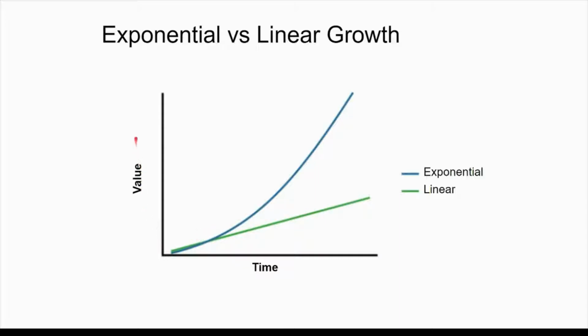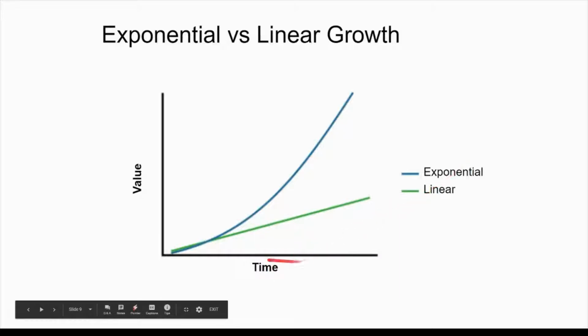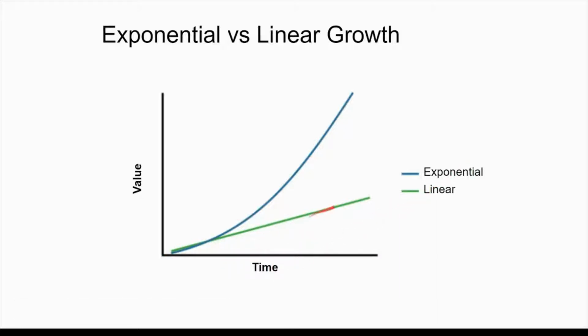And as you can see on the y-axis for value, the exponential growth is rising and rising and rising over time, while the linear growth is just rising at a constant rate. So this basically represents the amount of money that you'll be missing out on if you choose to take out your profits.